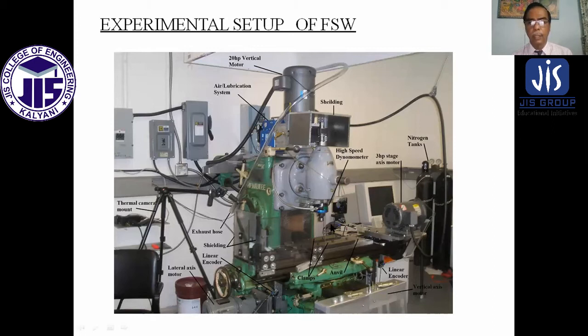This is the nitrogen tank, this is a 3 HP motor, and this is the exhaust hose. So this is the friction stir welding setup. It can be done in a vertical milling machine. The rotation depends upon the material and the pressure to be given.